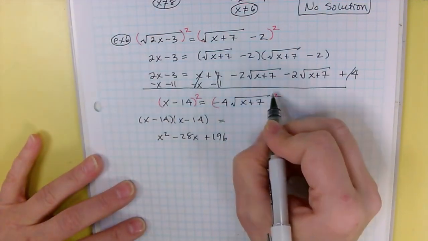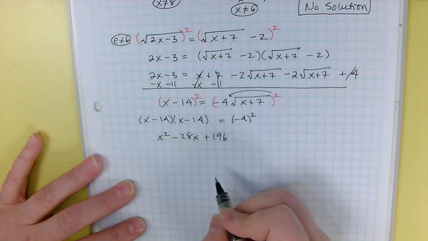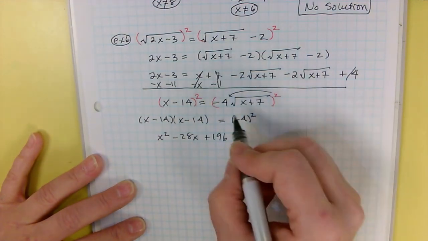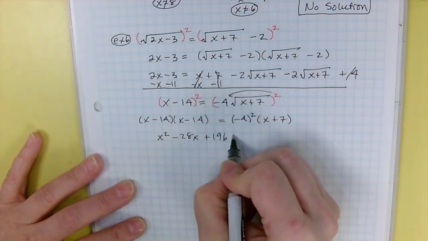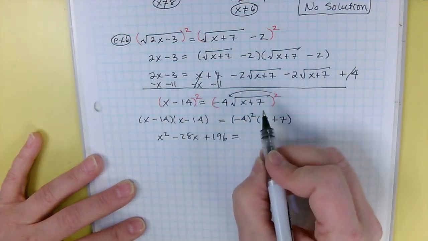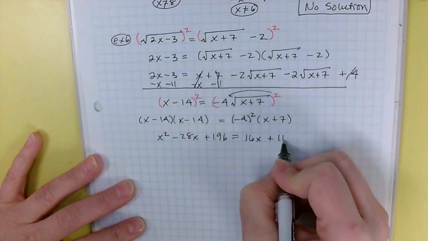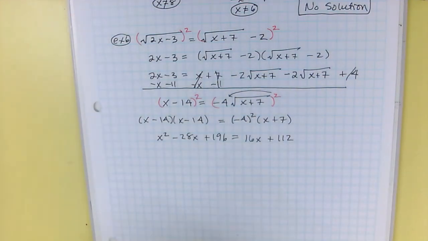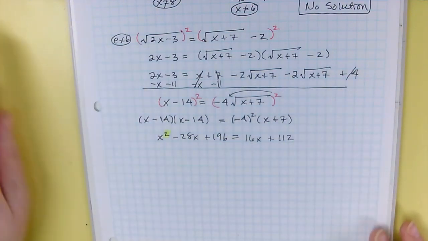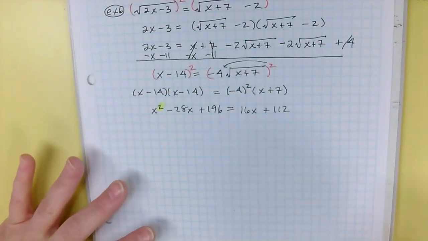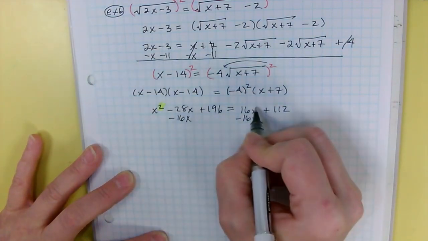On the right, this 2 goes to the 4, so I have a negative 4 squared. And then 2x radical x plus 7's 1 comes out. So this is going to be positive 16, and I'm going to distribute it and get 16x plus 112. Now, since this has an x squared, we're going to need to set this equal to 0 to solve it. Hopefully it factors. So I'm going to subtract 16x to the left.